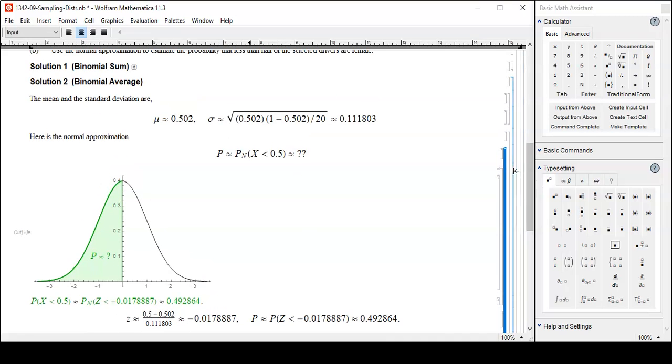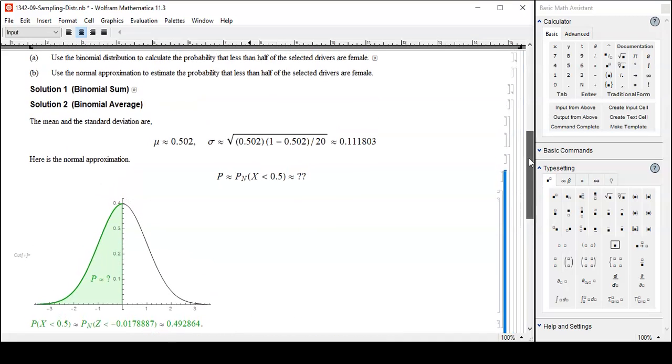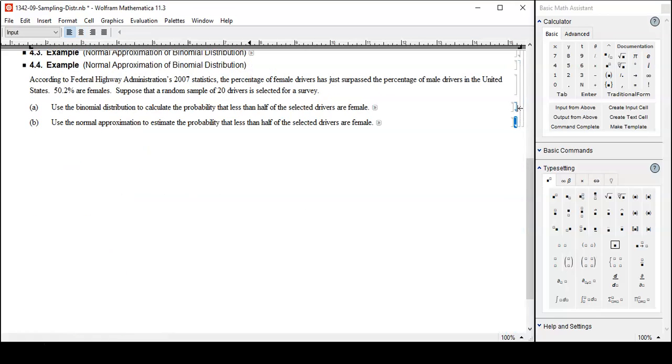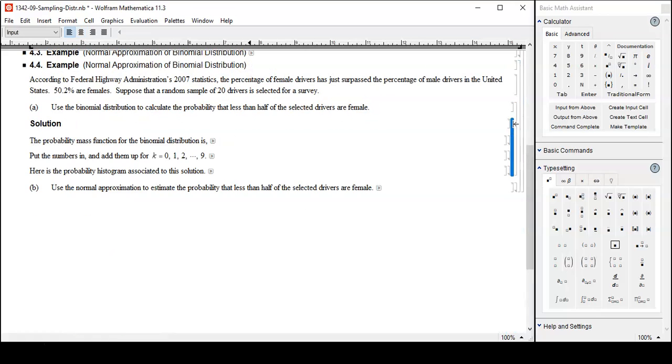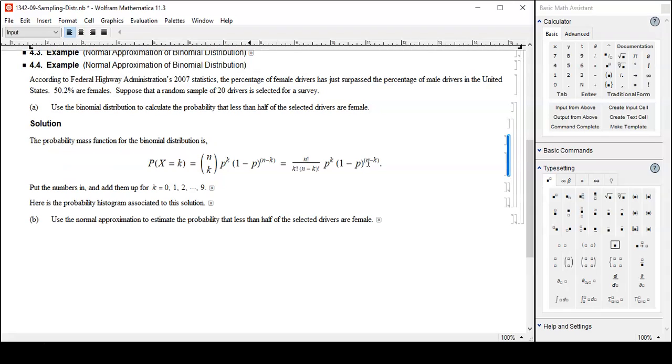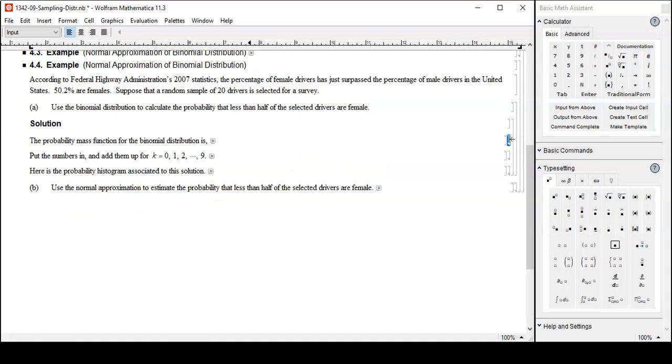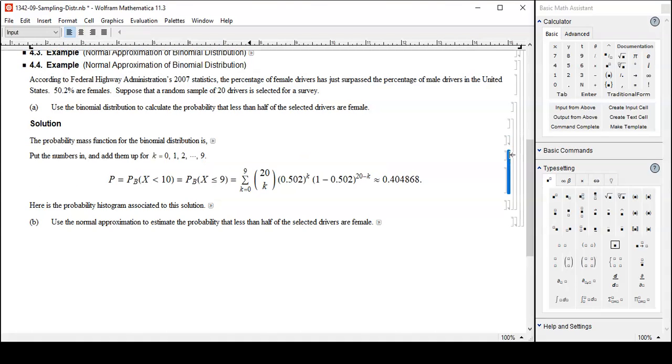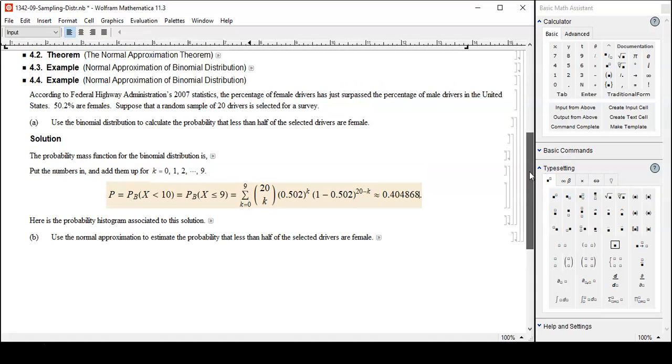Will it work? Well, it won't. Let's go to binomial computation directly, and please recall that this is the probability mass function for binomial. And then calculate up to 9 people because it's less than half.